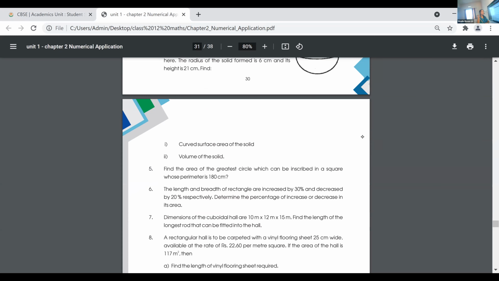So, perimeter of the square is given, isn't it? From there, we have to find what is the side. Try this one. How will you do this? Think about this and give me the steps. Write the question. Find the area of the greatest circle, which can be inscribed in a square whose perimeter is 180 centimeter.